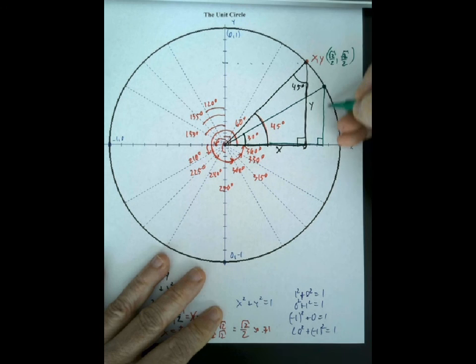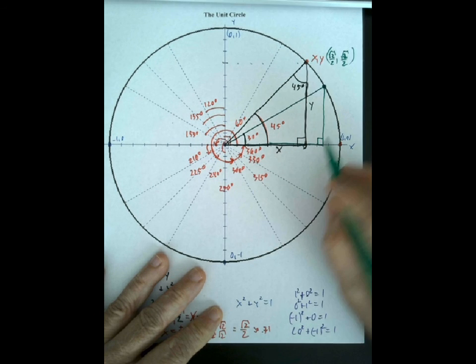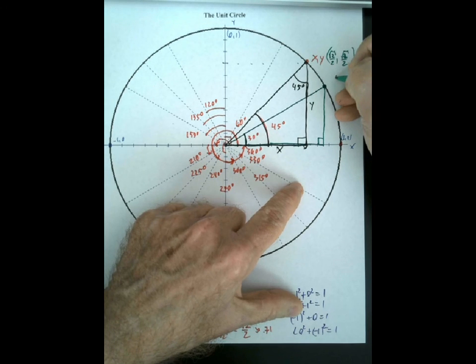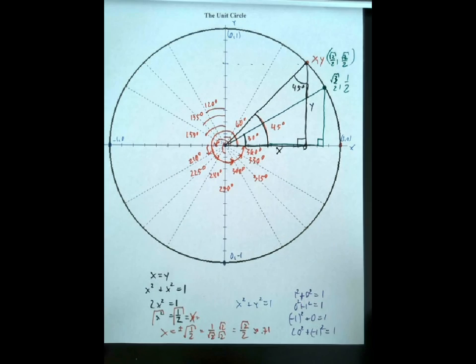Here again the length of this side is the y coordinate. The length of this side is the x coordinate up here. So if we use a 30, 60, 90 triangle to figure out those two coordinates, they have to be rad 3 over 2, comma 1/2.